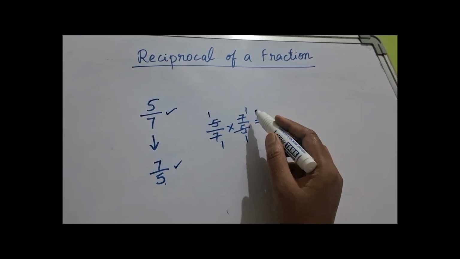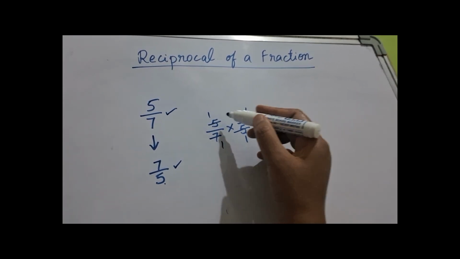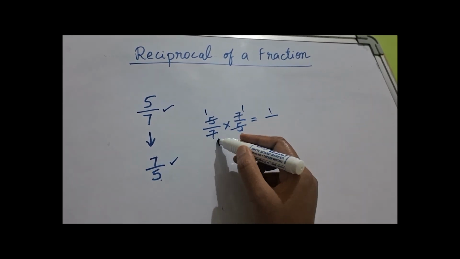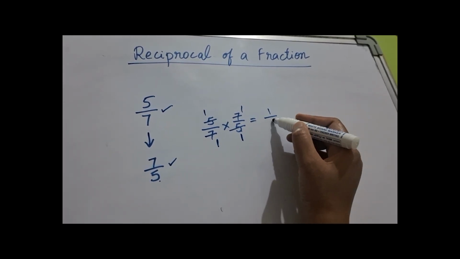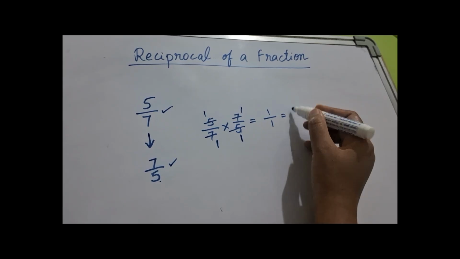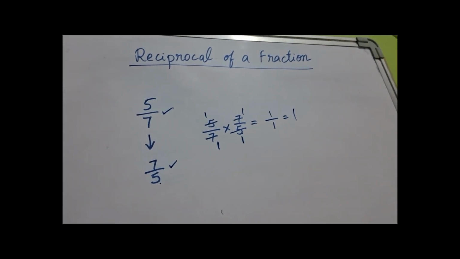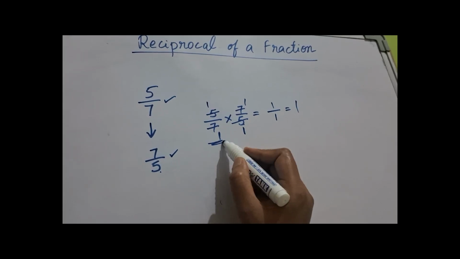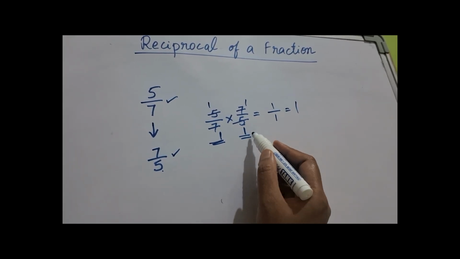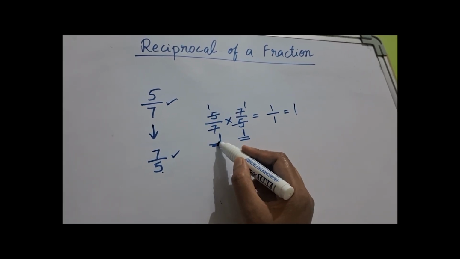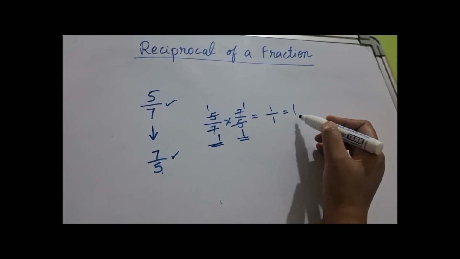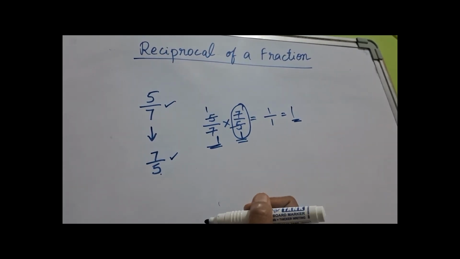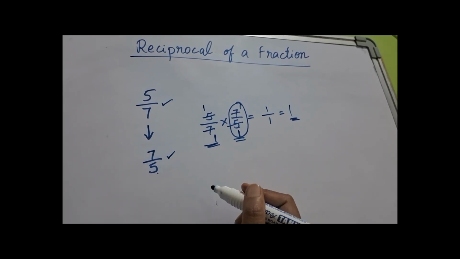What is left over in the numerators and denominators? In the numerators 1 into 1, that is 1 is left over, and in the denominators 1 into 1, which is equal to 1. Okay. Whichever fraction we multiply with and get 1, that is called the reciprocal of that fraction.